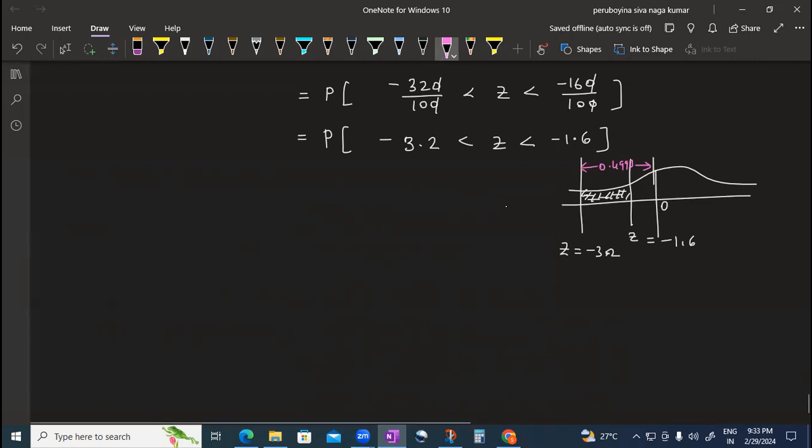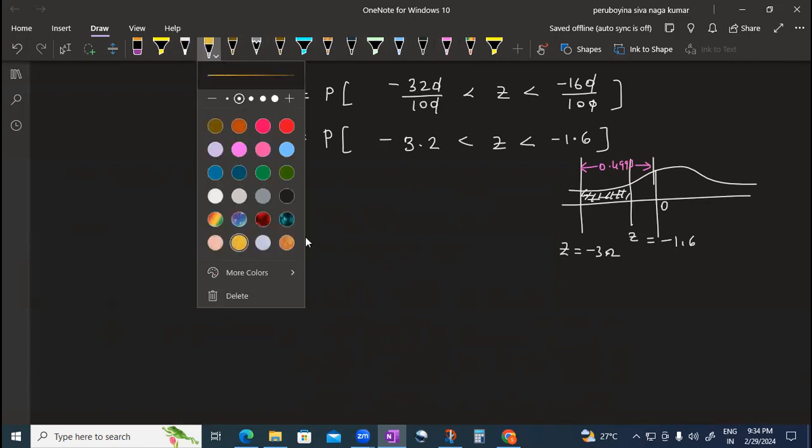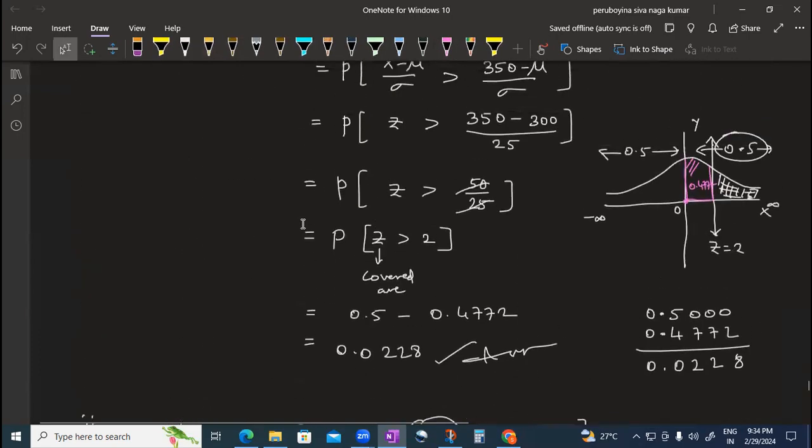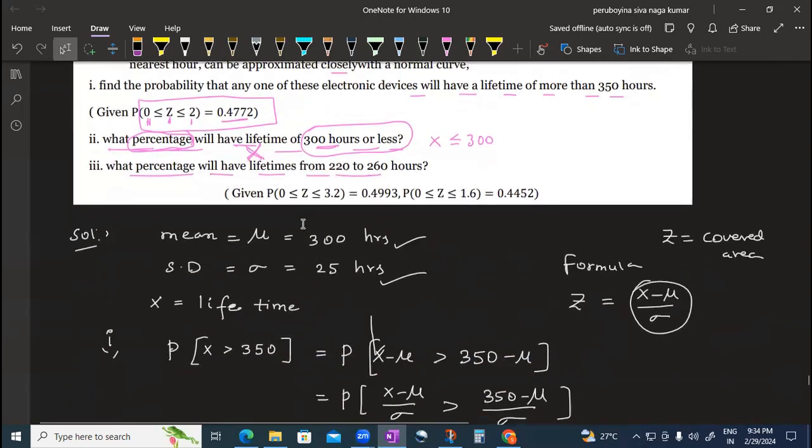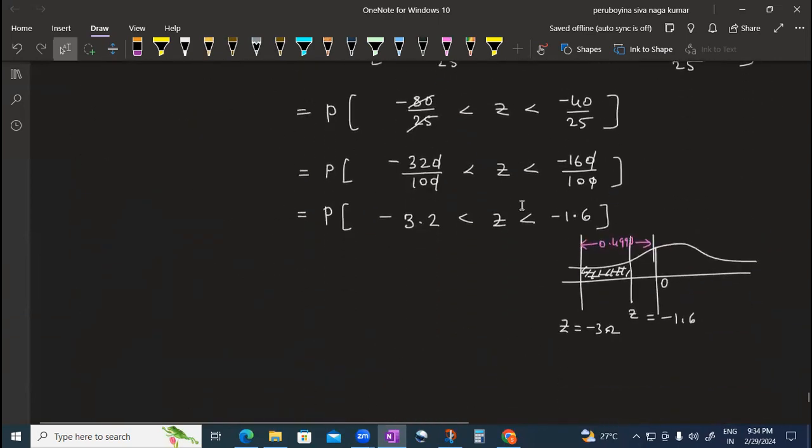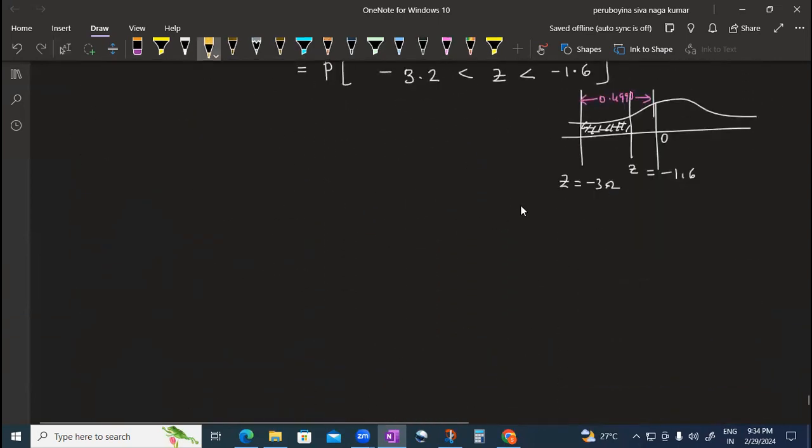Okay. And next, 0 to 1.6 is 0.4452, this part, from here to here. So actually the entire area from here to here, we don't want this part, right?